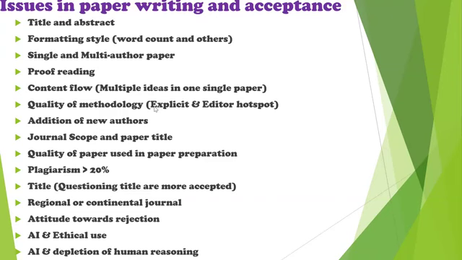Regional and continental journals. As I said earlier, their rate of rejection is often high, because they have a domicile, it has become a regional paper, so they have a lot of influence on it. The rejection will be very high, especially when you submit and you don't belong to that particular continent, or the paper is not relevant to that continent.